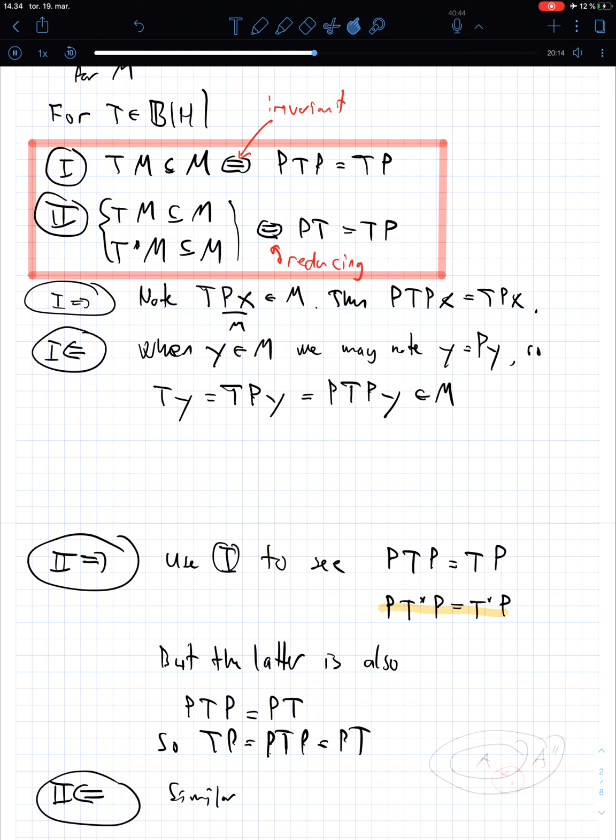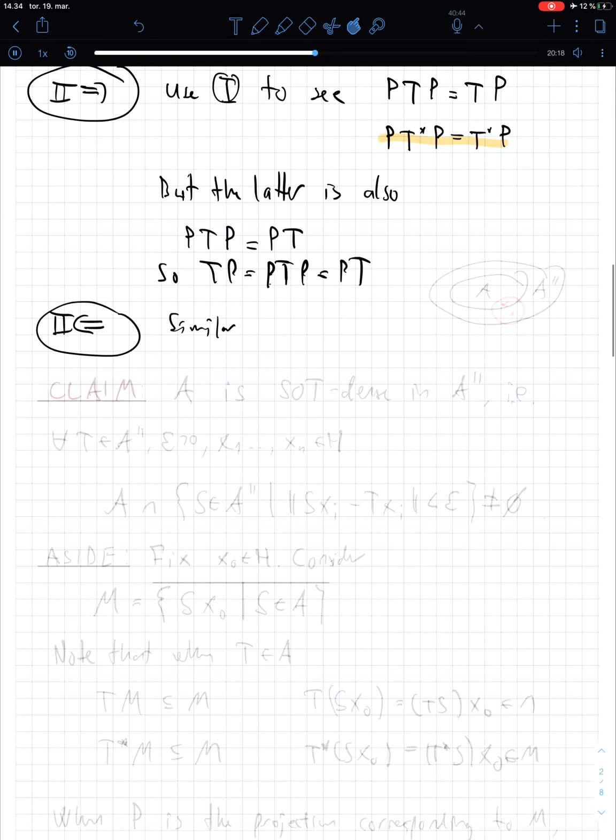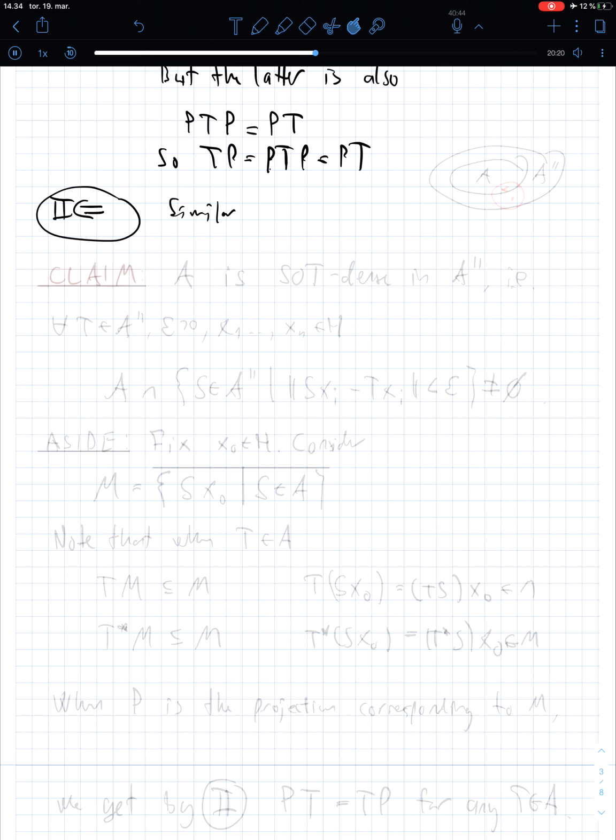Okay, so now we're ready to do the proof of the inclusion, and we will do it in the following way. This is the claim that I'm trying to prove. A is strong operator dense in A double prime.